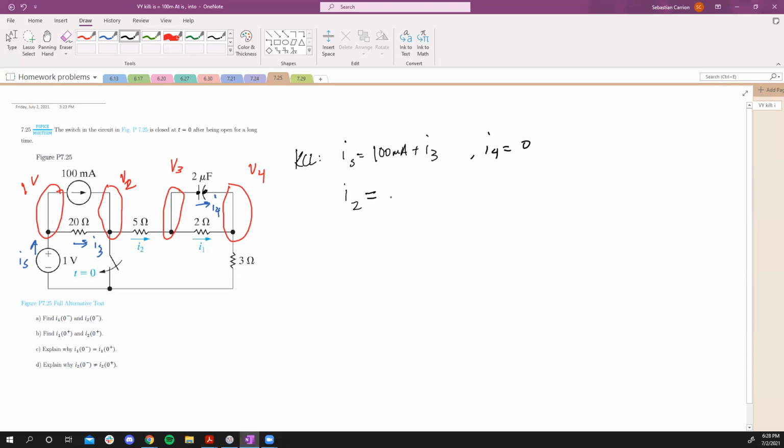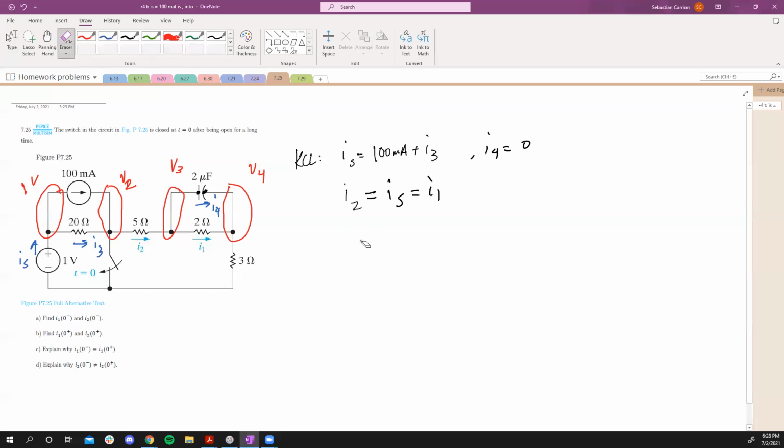Therefore, I2 is equal to IS and equal to I1. Let's write the equations.